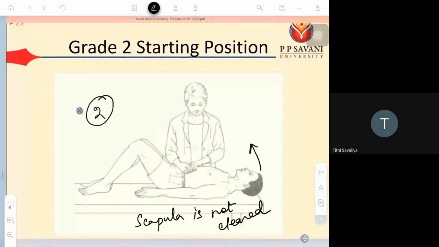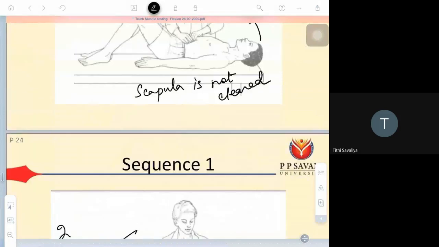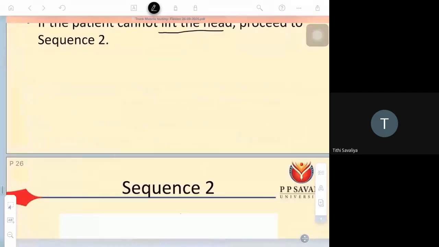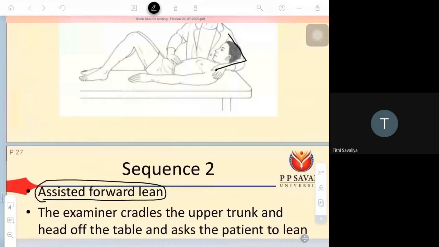From this position, you ask the patient to lift the head and clear the scapula. If the patient can lift the head and cannot clear the scapula, then the muscle power is 2. Suppose the patient cannot lift the head, then you go for the next procedure, that is called assisted forward lean.